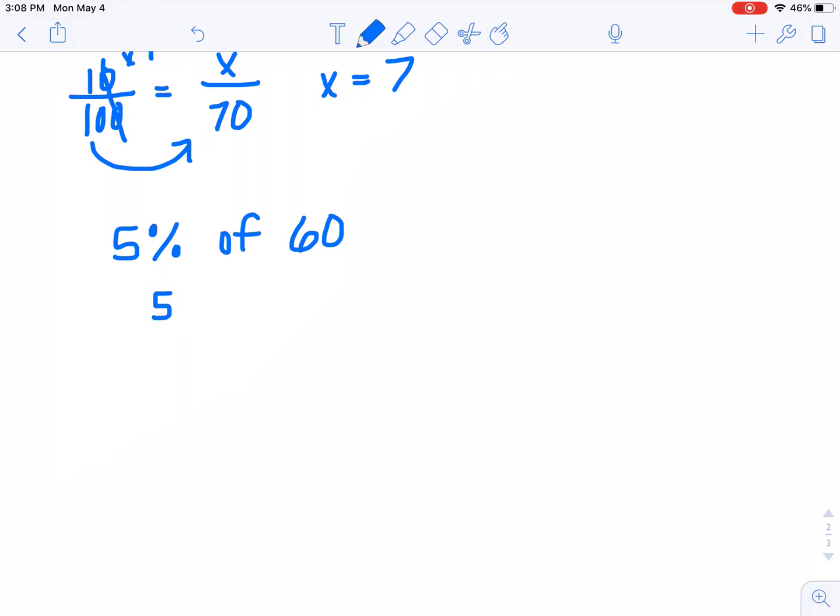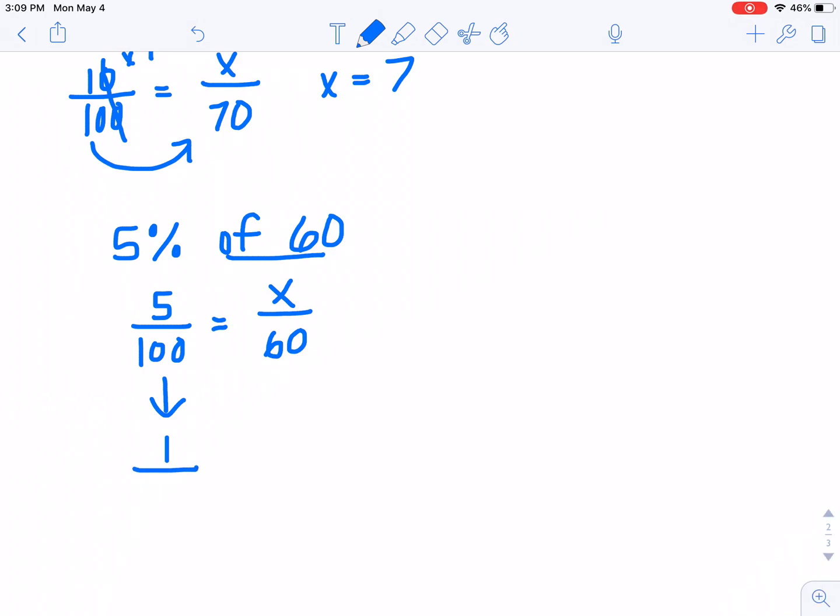And hopefully you wrote it like this, 5 over 100. And now we know of 60, so I'm putting the 60 on the bottom and x on the top. And now I'm at that conundrum again because I'm looking at 60 and 100 and I'm like, 60 doesn't go into 100. What could I do? Well, I can reduce, by the way, 5 over 100 because I know 5 goes into 100. So I'm going to reduce this fraction. 5 can go into itself once.